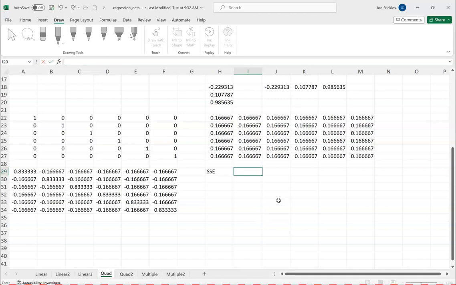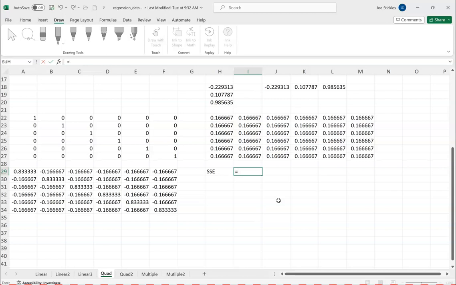We do have to do 4 multiplications. If you're clever, you might be able to nest your functions. I don't want to do that because I'll probably mess it up as we go through. But you could do the product of that with the product of that, and just keep on going all the way through if you wanted to, but that seems kind of crazy.